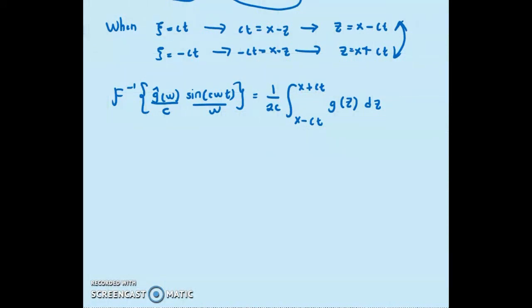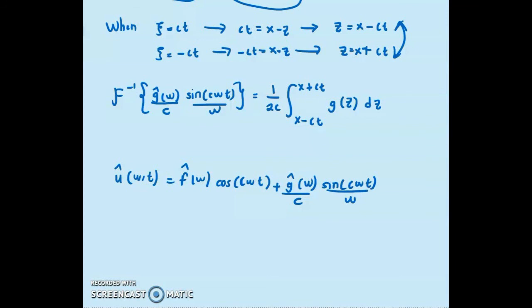So now let's recall what we want to find. We have obtained the solution u hat(omega, t) equals f hat omega cos c omega t plus g hat omega over c times sine c omega t over omega.